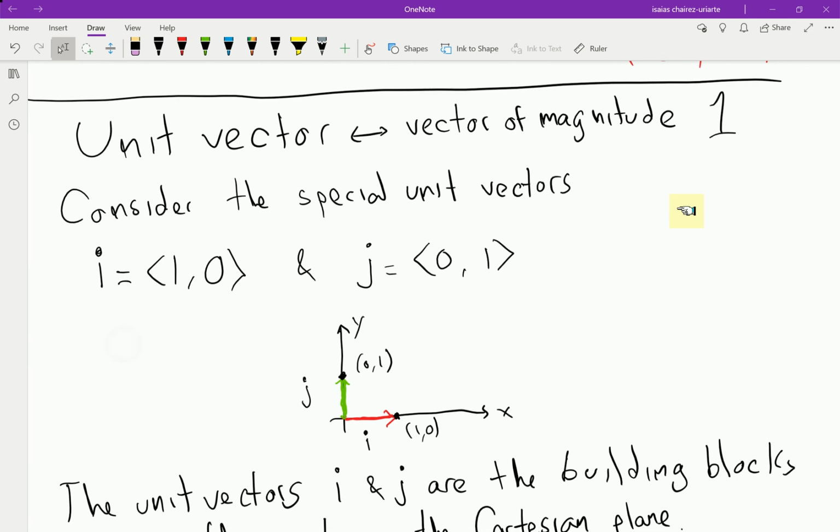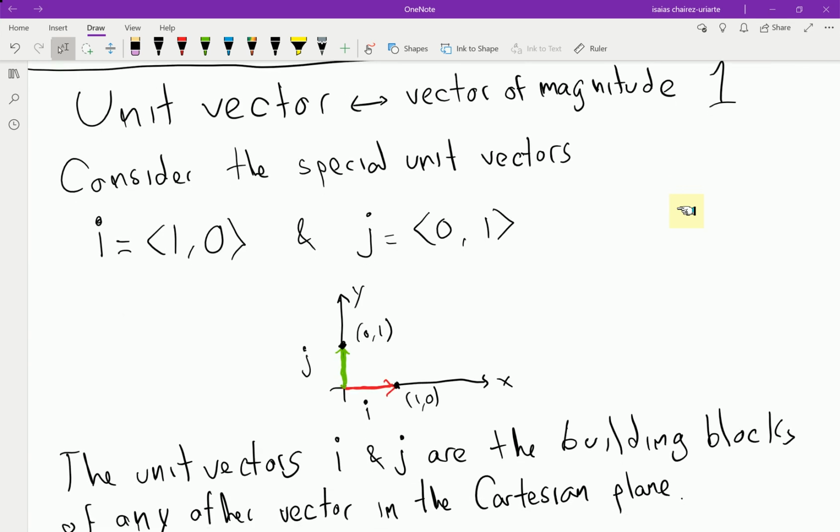All right, next thing in this section, unit vectors. What's a unit vector? Remember, the unit circle meant a circle of radius 1. Well, a unit vector means a vector of magnitude 1. So the length of the vector is 1. There are two special unit vectors in the Cartesian plane. There's a vector called i, which is just 1, 0.